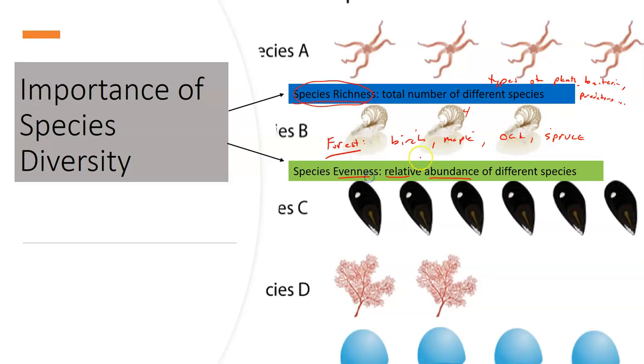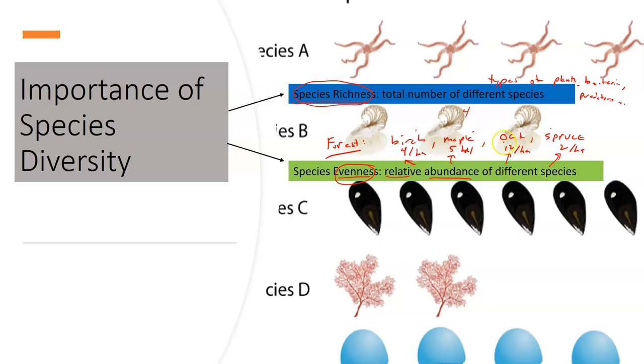Species evenness would be looking at how, like, do we have a relatively equal number of each? So let's say in 1 hectare, I have 4 birch per hectare, and then I have 5 maples per hectare, and 12 oaks per hectare, and 2 spruce per hectare. So evenness is talking about how even those numbers are, right?